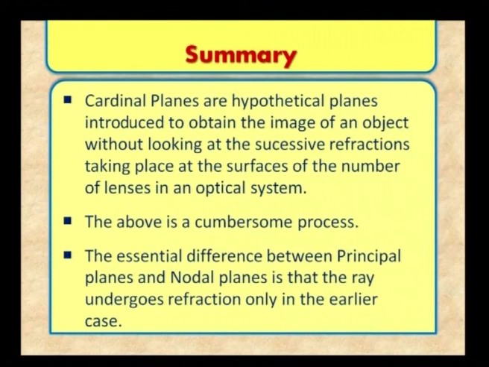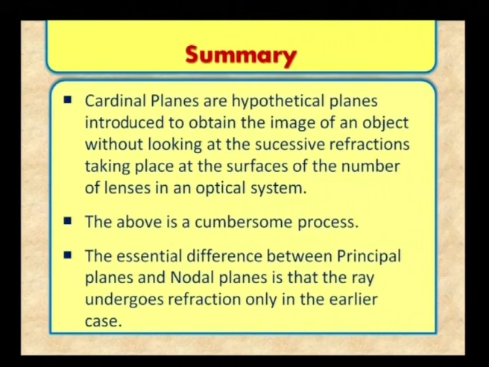We will summarize this lecture, what we have seen so far. The summary goes as follows: cardinal planes or hypothetical planes, as I told you, were introduced by Gauss to obtain the image of an object without looking at the successive refractions which take place at the surfaces of the lenses, or a series of lenses, found in an optical system.